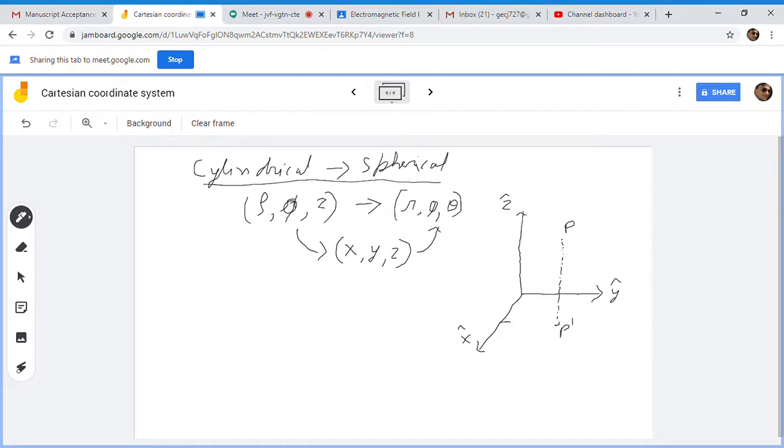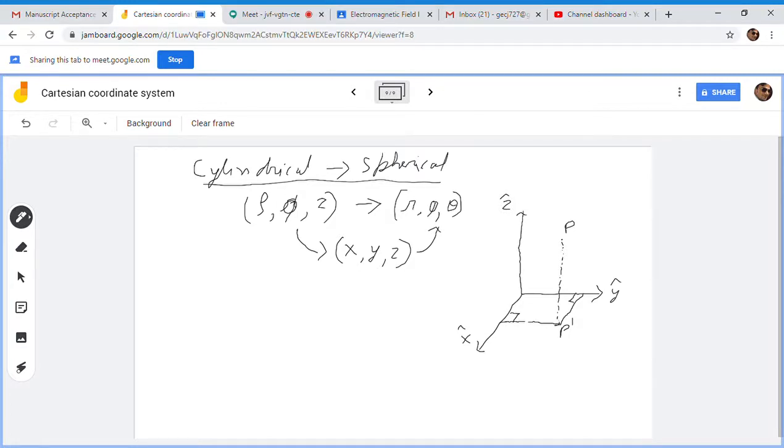So let us draw a line perpendicular to your x-axis and a line perpendicular to your y-axis.